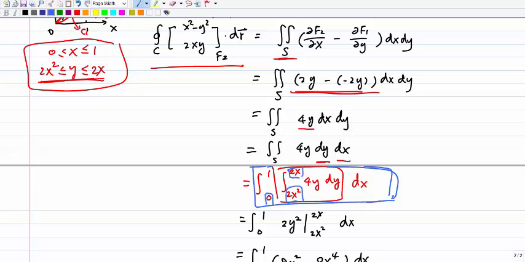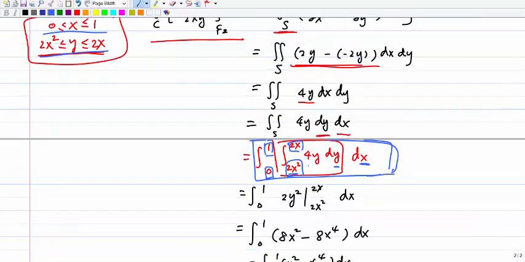For a double integration, the inner bounds can be functions of the external variable, like 2x squared and 2x, which is perfectly fine, but the outside bounds must be numbers.